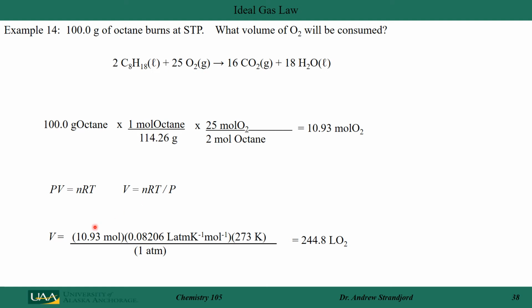I have 10.93 moles of oxygen times the ideal gas law constant times temperature in Kelvin, that's the standard temperature, divided by my standard pressure. I solve that arithmetic and I get 244.8 liters of O2 gas that is consumed when I react it with 100 grams of octane.